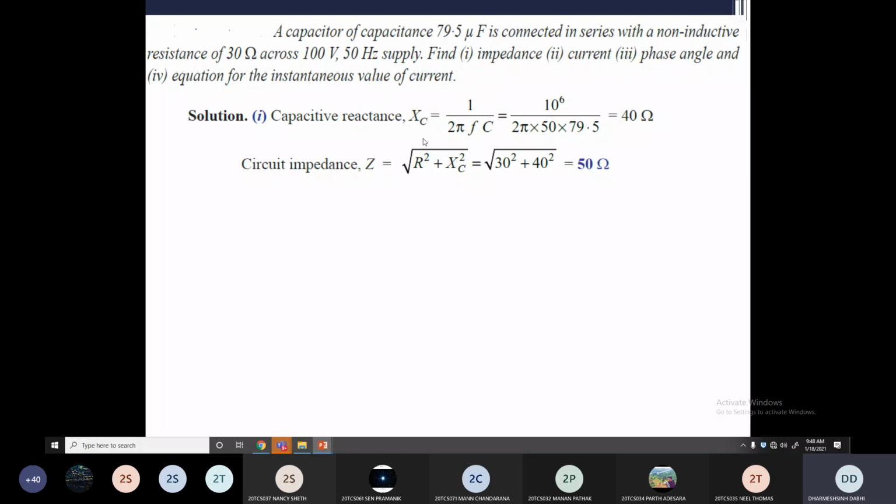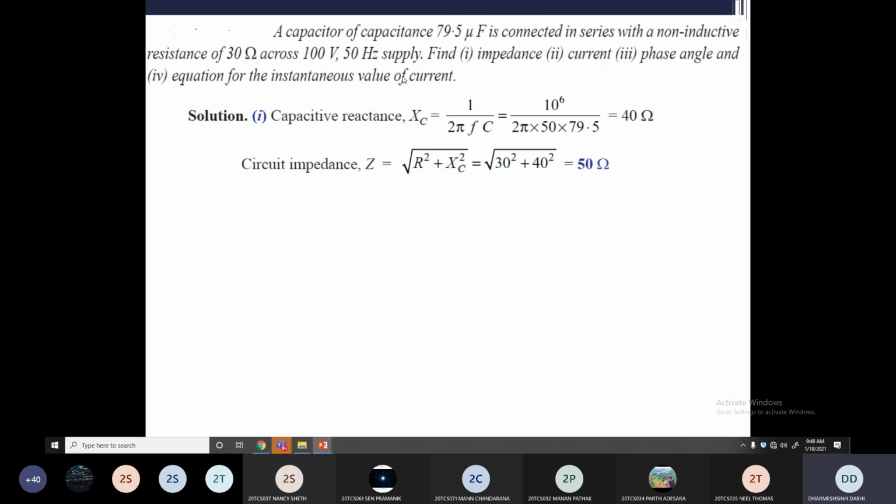So let's see here. First calculate XC, get 40 ohm. Impedance Z is the square root of R square plus XC square, that is the square root of 30 square plus 40 square. So you get the answer 50 ohm. Now calculate second, current. Supply voltage is given, Z you already calculated.